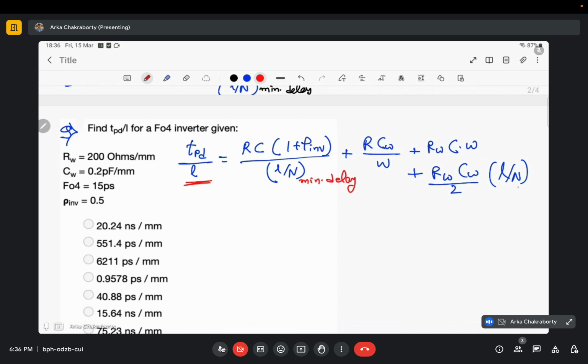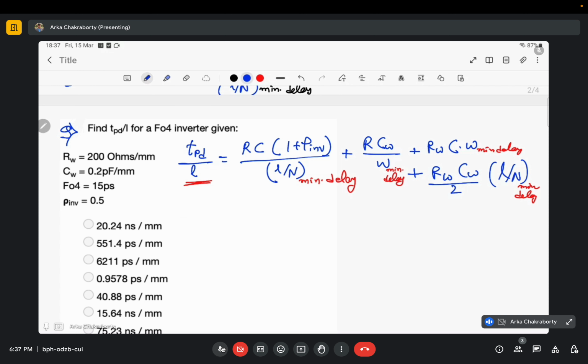And I have to replace the W also with the minimum delay expression. Correct?